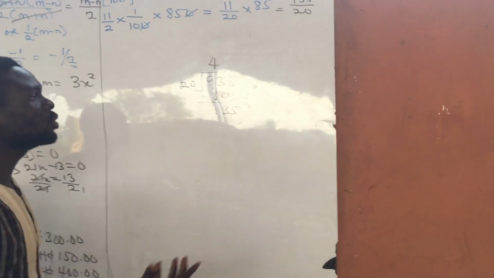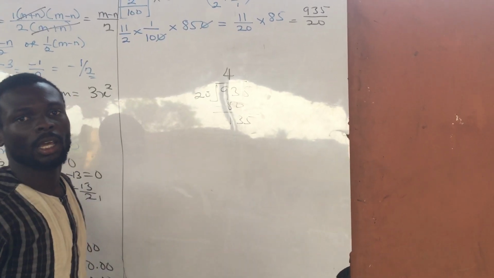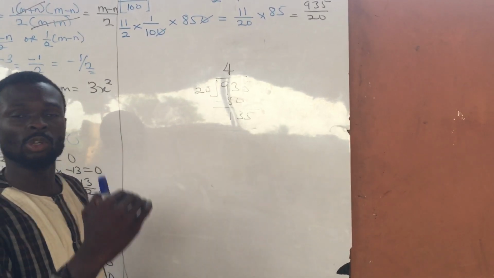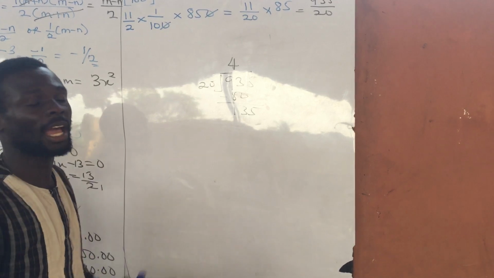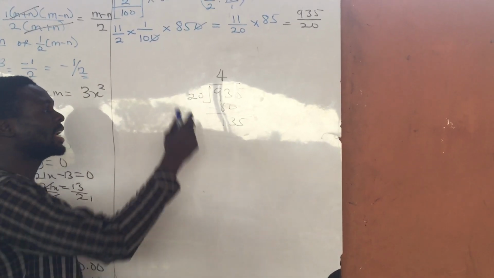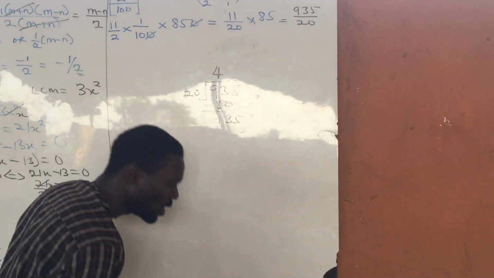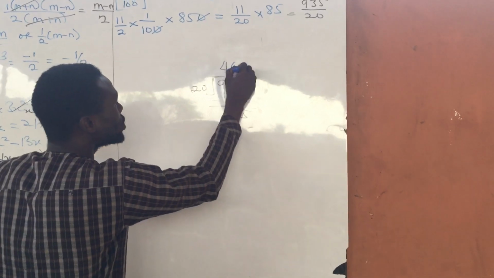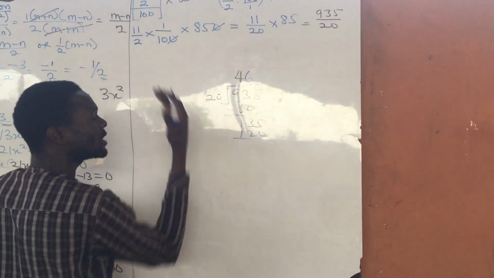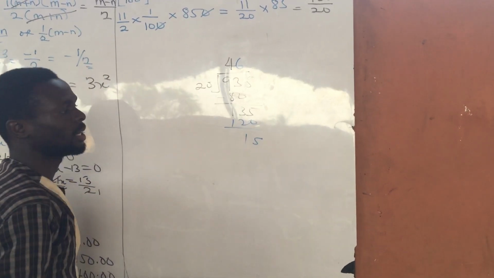If you recite your 2 times table, you will notice that 2 times 7 is 14, which is greater than this. So let's drop it down using 6. 2 times 6 is 12. So if 6 is 12, then 20 times 6 will give us 120. So 6 times this is 120. Subtract from it, what do you have? You have 5, you have 1.